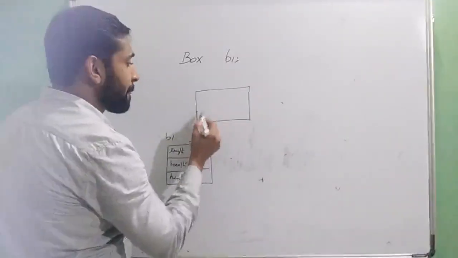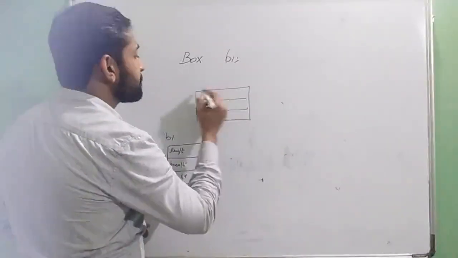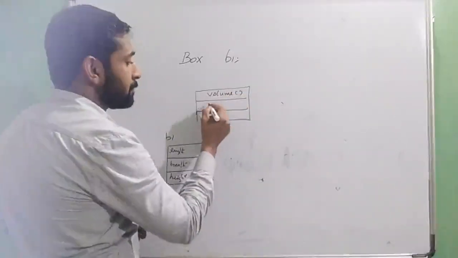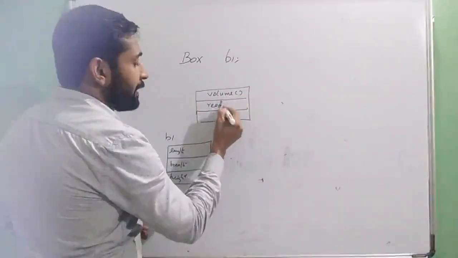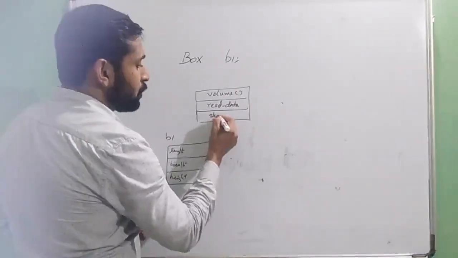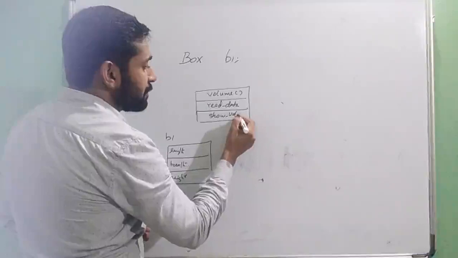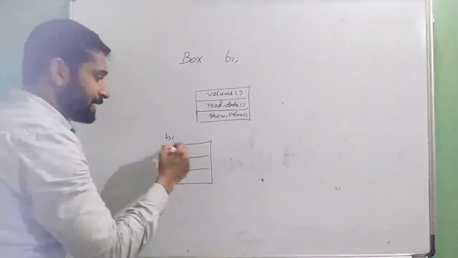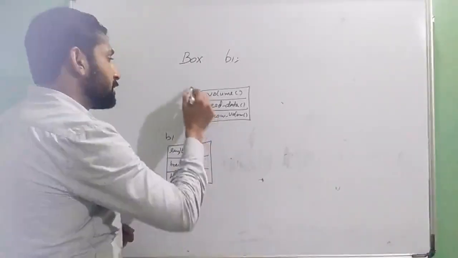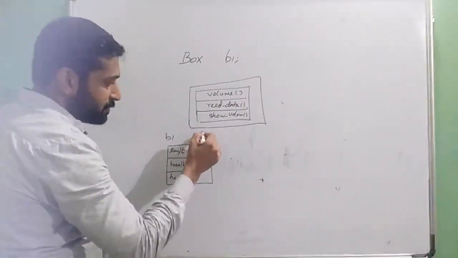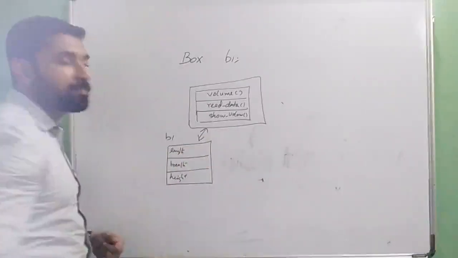What are they? A function called volume is there, read data is there, show volume is there. These are the three functions. This copy of functions is attached with this.